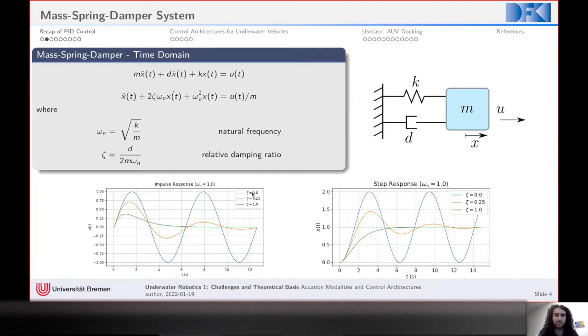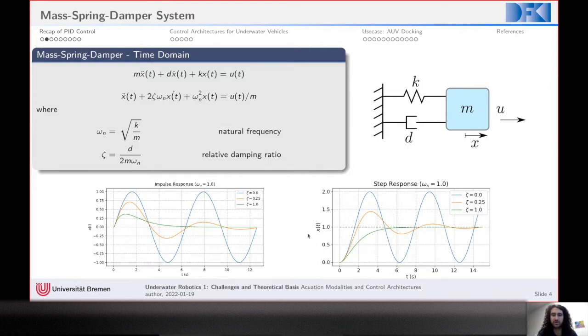If I choose it 0, this means there's no damper at all. If you just kick the system, it will oscillate forever with this frequency, or this period of 2 pi. When you start increasing the damping ratio a little bit, you can see how this signal is getting dampened, till in the end it converges to 0 if I put lots of damping in the system.